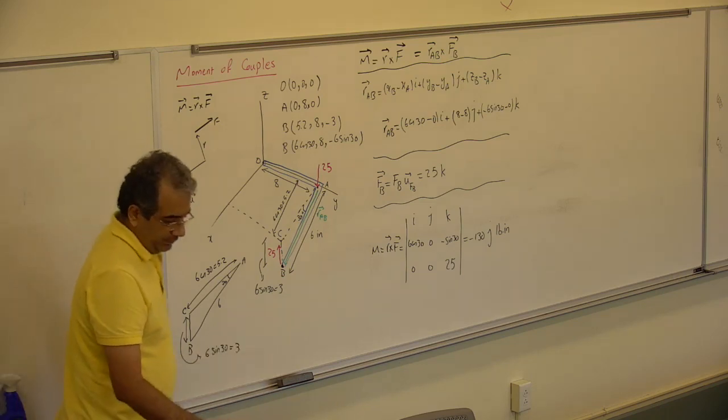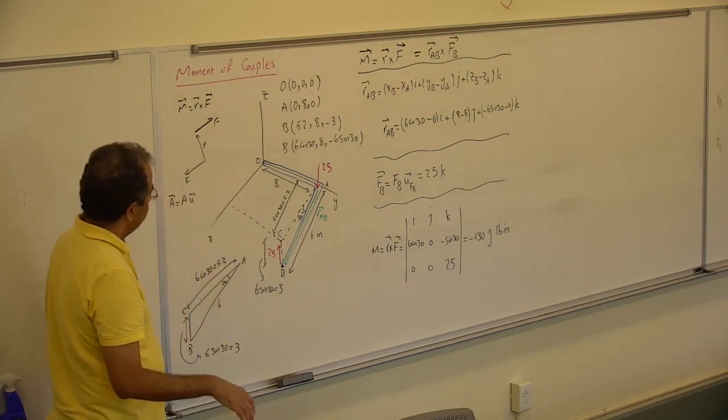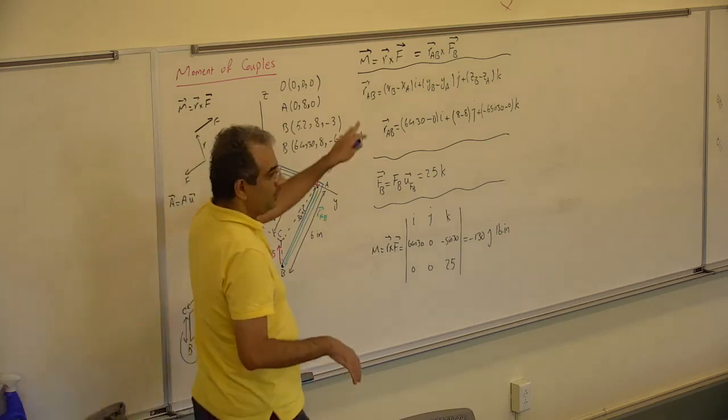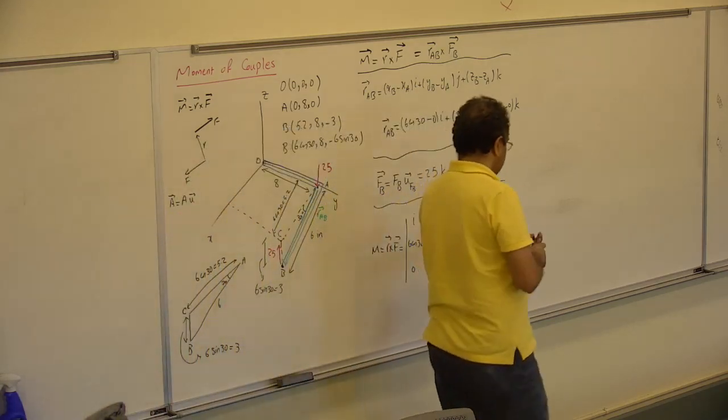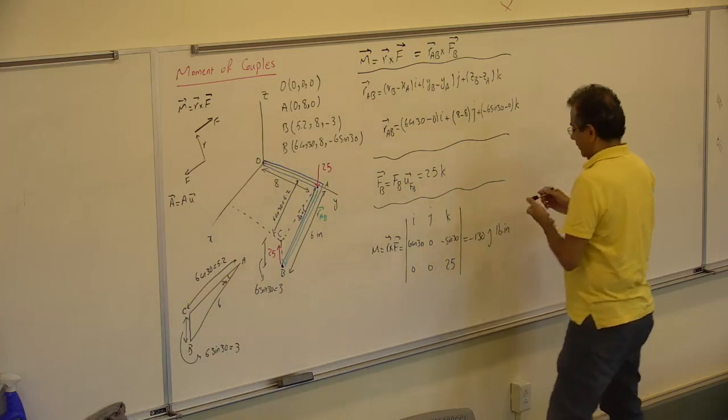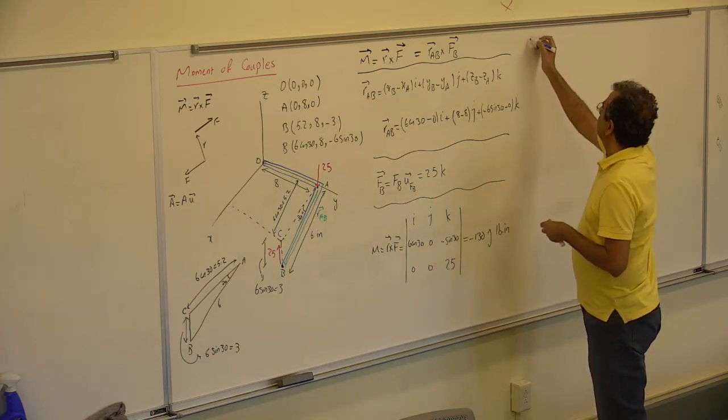The first method that the book did, so this is the second method in the book, is that instead of going that way, it's going like this.